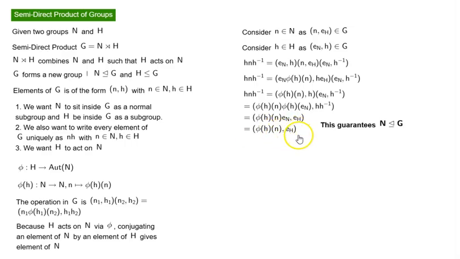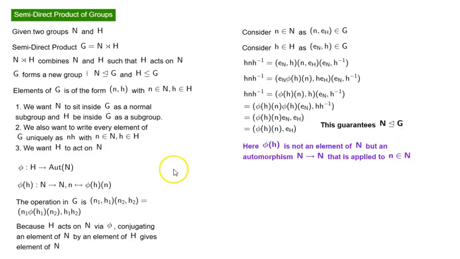What this does is this guarantees that N is a normal subgroup of G. Now, here remember phi of h is not an element of N, but an automorphism N to N that is applied to n in N.